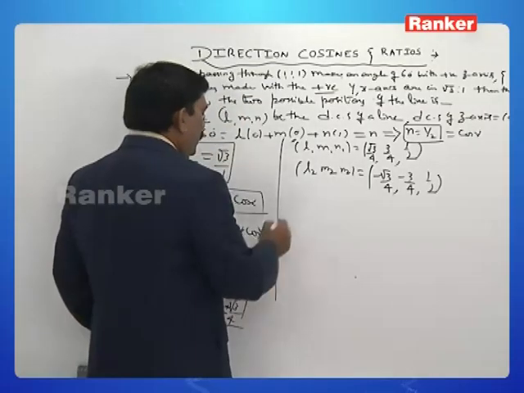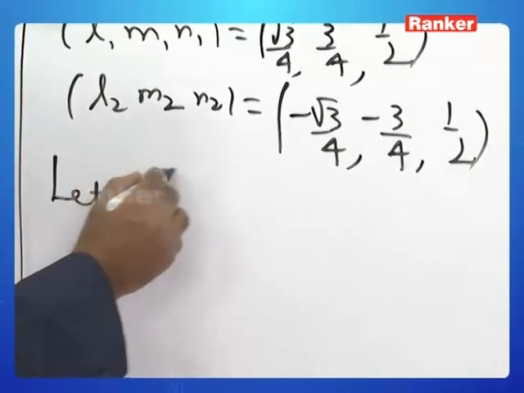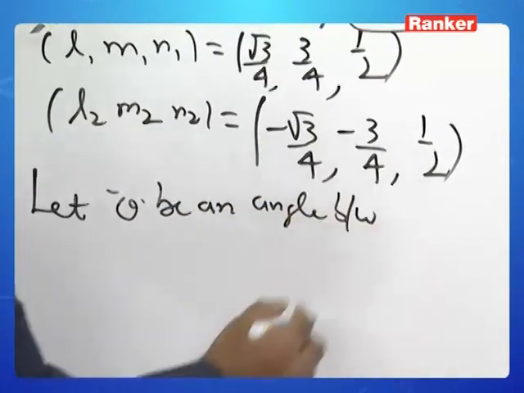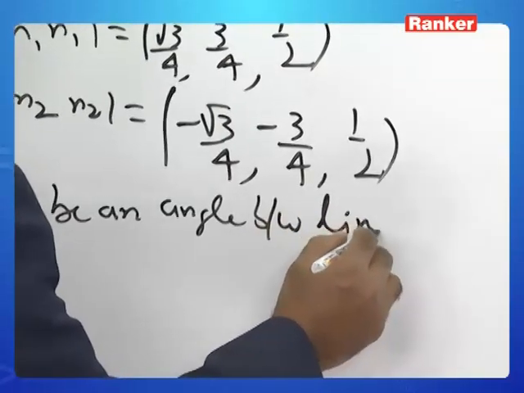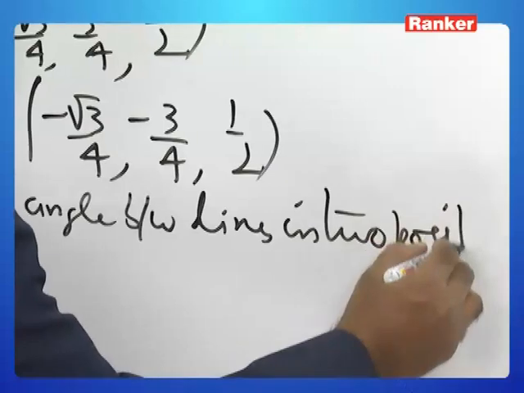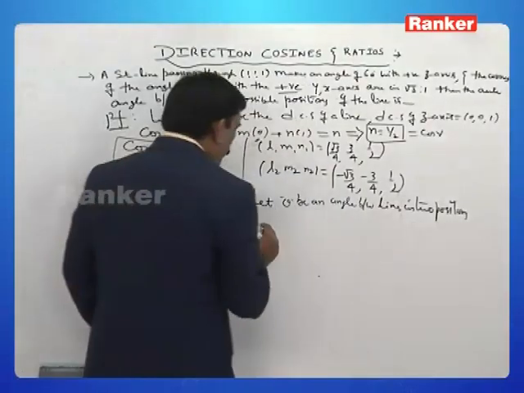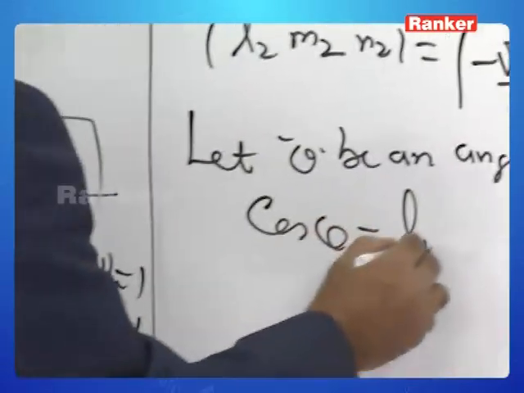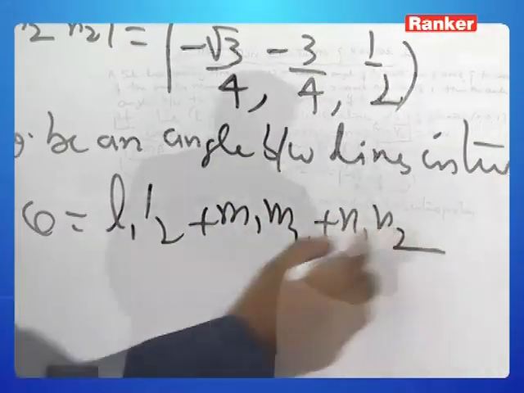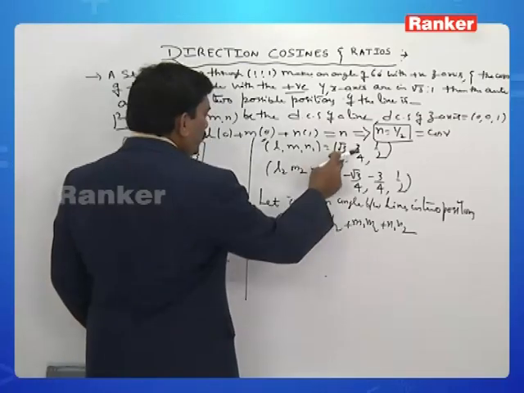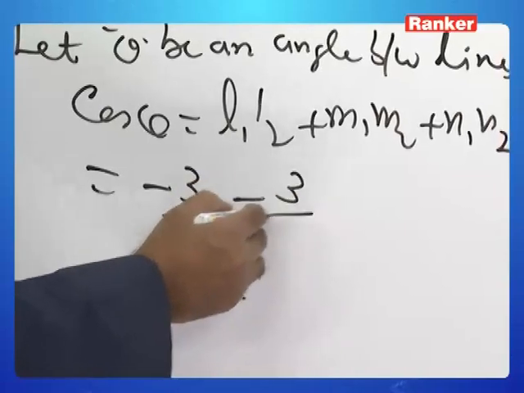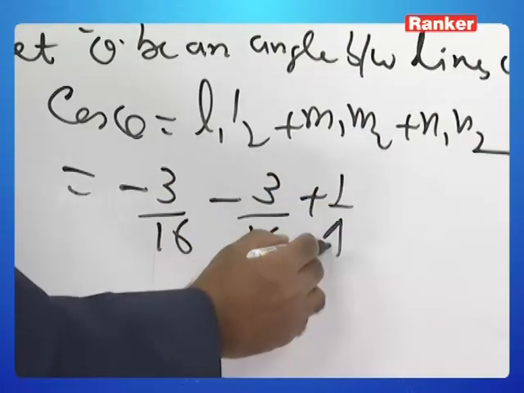So let theta be the angle between the lines in the two positions. Therefore cos theta is equal to L1 L2 plus M1 M2 plus N1 N2. I can write this as minus 3 by 16, minus 3 by 16, and 1 by 4.